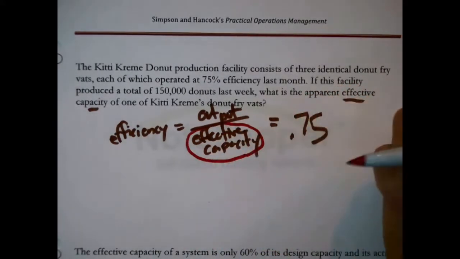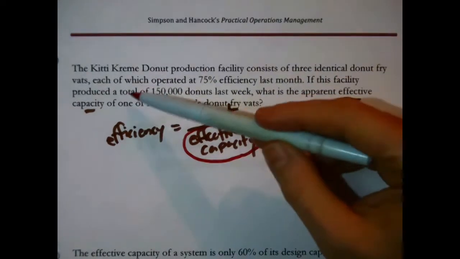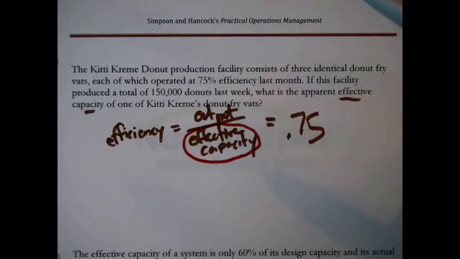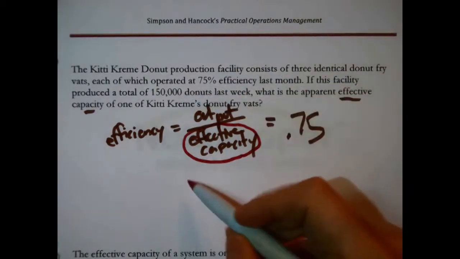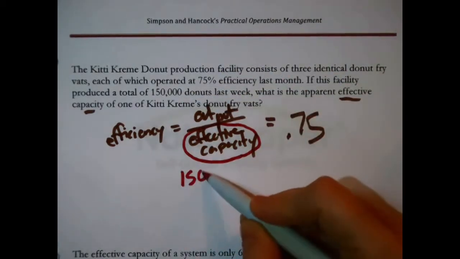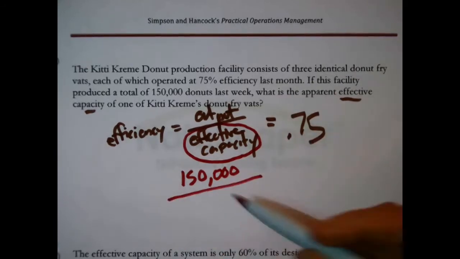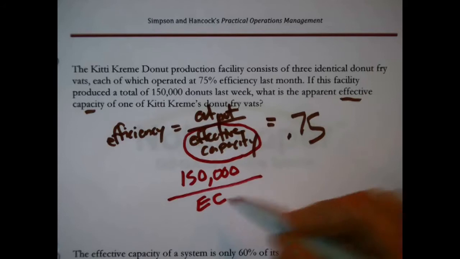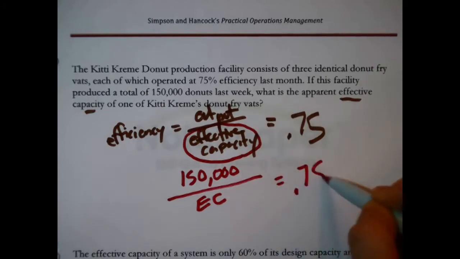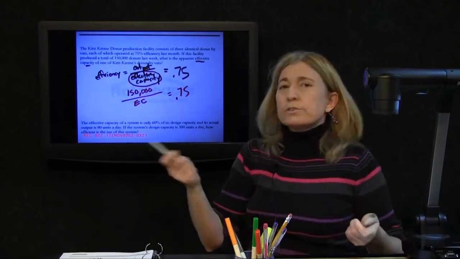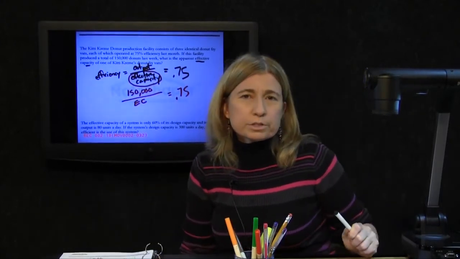The problem also tells us about output, right? This total of 150,000 donuts last week. Oh, wait a minute. If this is an output for Kitty Cream, 150,000 donuts, that over effective capacity is apparently 0.75. Oh, I see how to solve for effective capacity. You solve for what's missing.